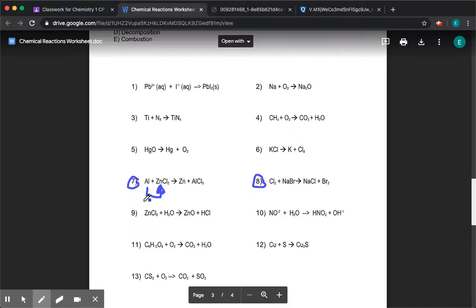Aluminum is more angry being alone than zinc is being alone, if that makes sense. Zinc can tolerate being alone more than aluminum can. Aluminum needs the partner more than zinc does. So this is allowed to happen. Zinc does still want the partner, but aluminum just needs it more.